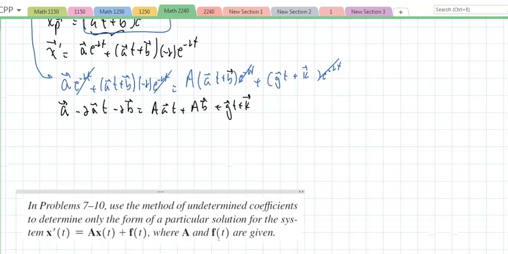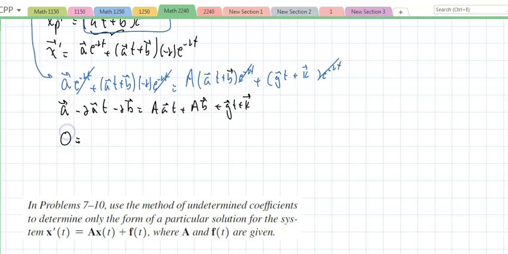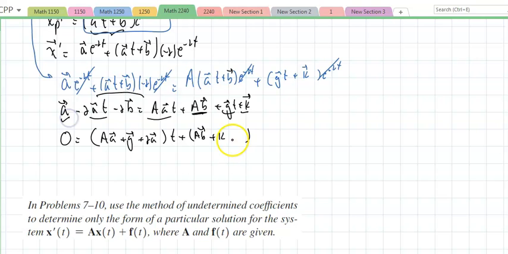Now I want to get 0 on one side, everything else on the other side, and I want whatever's with t and whatever's without t. So a plus g. When I move this to the right hand side, isn't that twice a? Ab plus k minus a plus 2b.